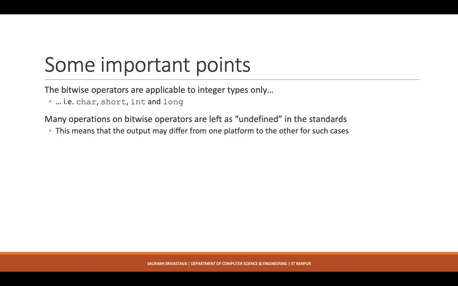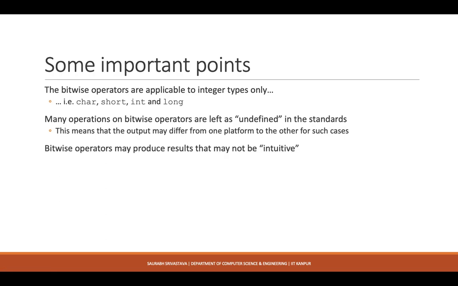There are certain operations which are not defined at all in the standards, so even if you try them, there's just no guarantee of what their output would be. You might be able to reason about them in some way, but the standard doesn't guarantee any kind of consistency. So this means that the output might actually differ from one platform to another. That is an implementation detail.